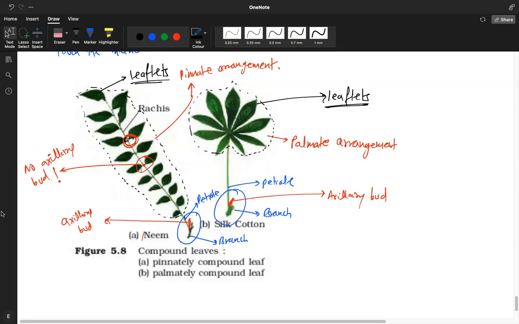All right, write down the next point. Compound leaf is of two types.